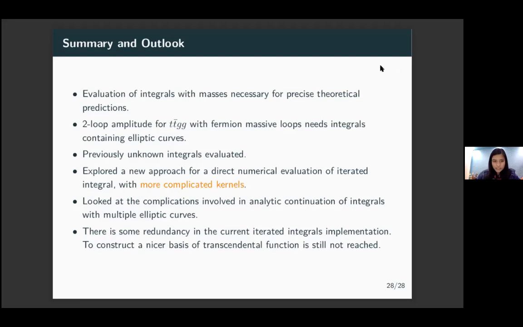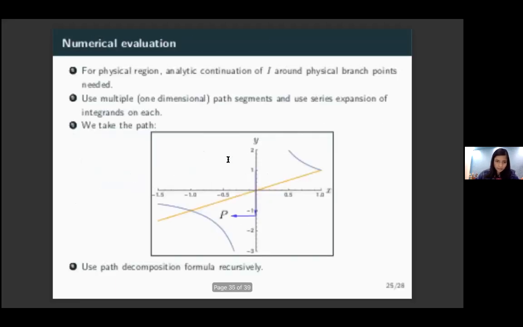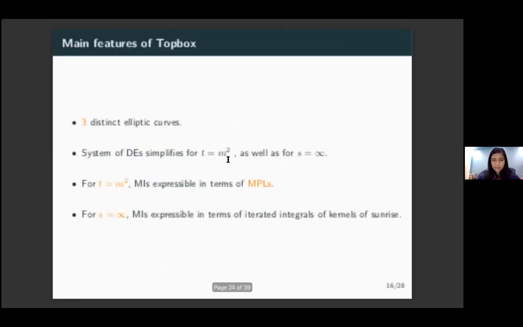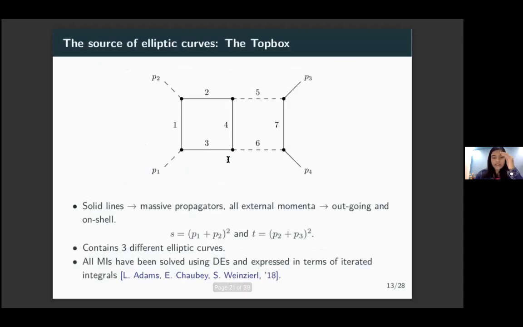it's really on the conjecture level. For example, if you see a diagram, here I see a top box, and by looking at it, I know that when I pinch some propagators, for example 2, 3, 5, 6, there is a sunrise in the subtopology. Now that sunrise will always be there.